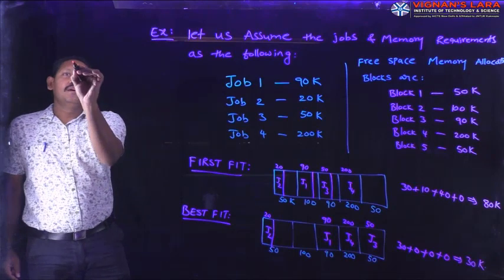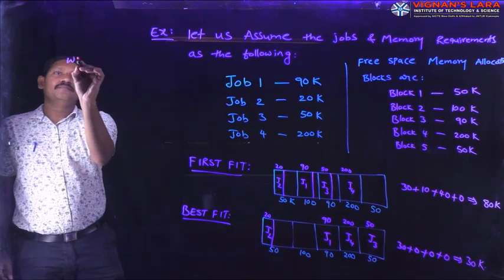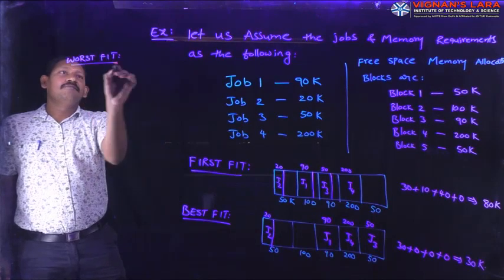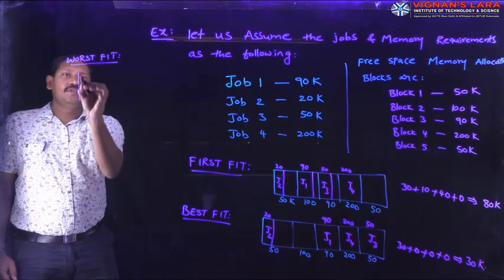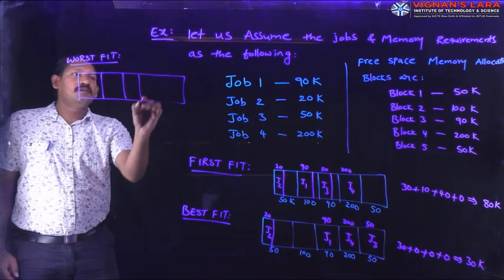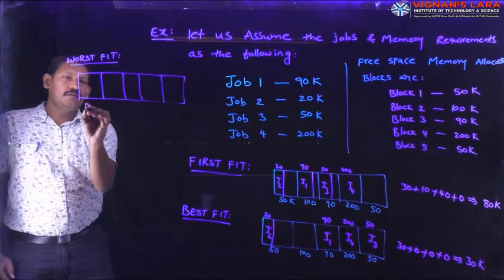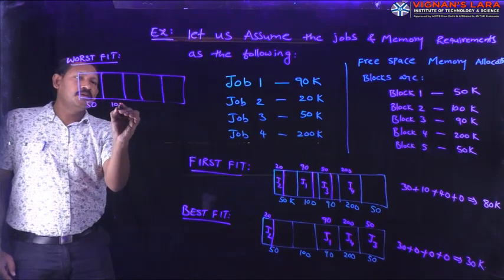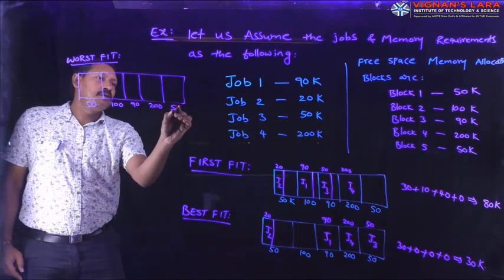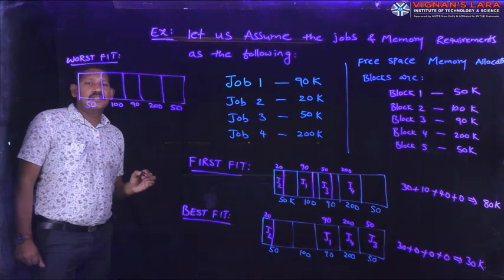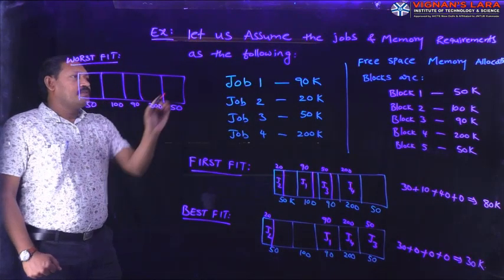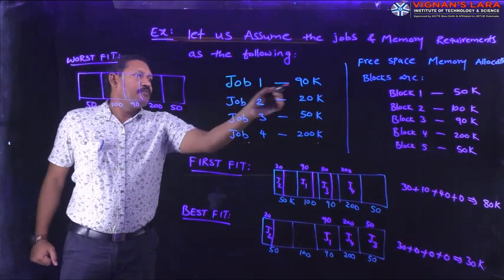Similarly, if we use worst fit algorithm, so we will see. In worst fit algorithm, what we will do is, the required memory for job 1 is 90k.